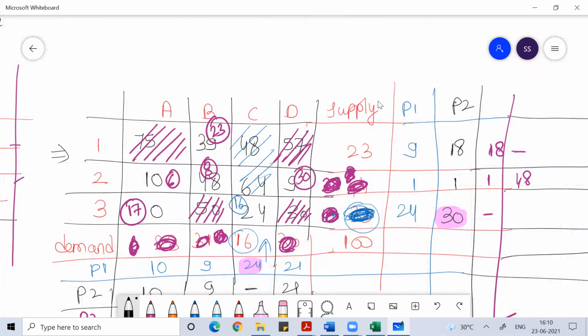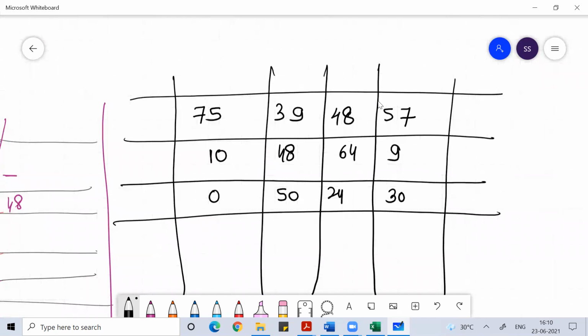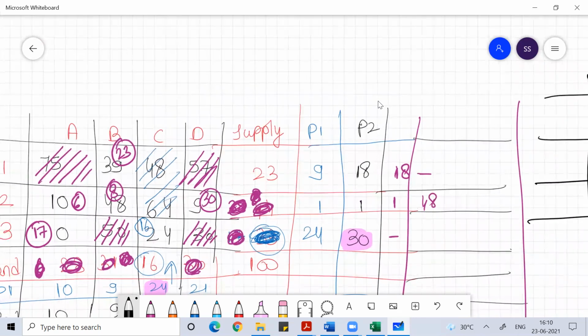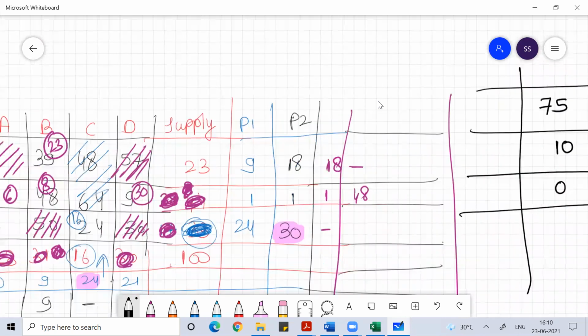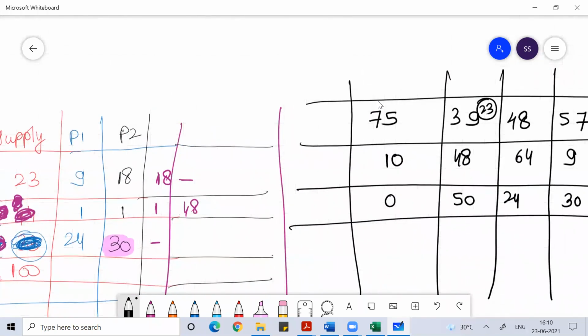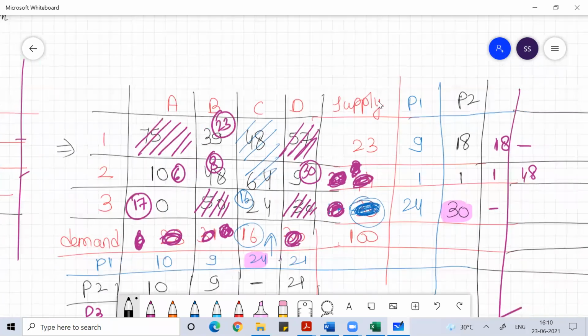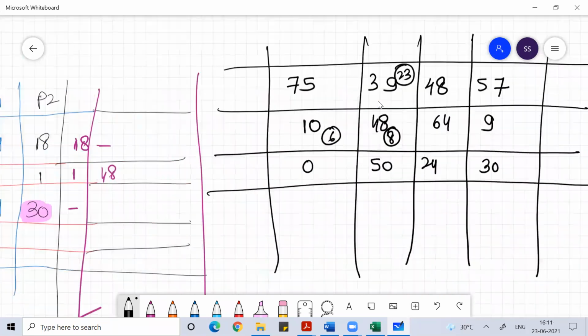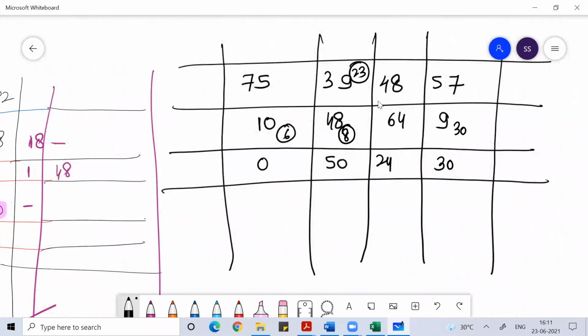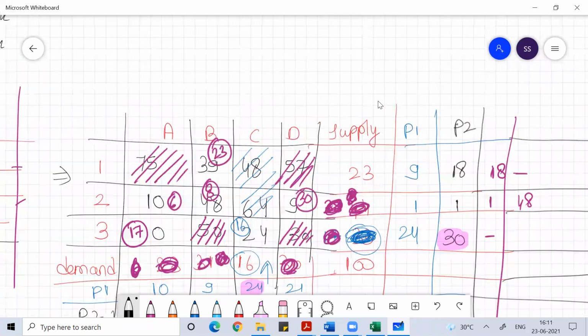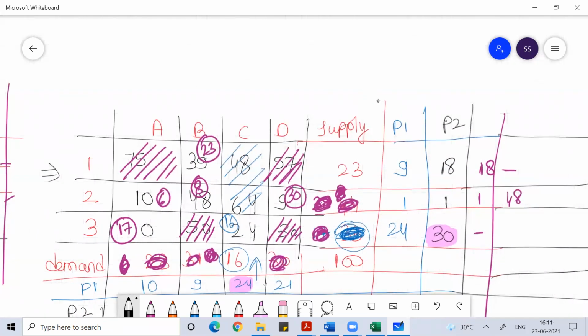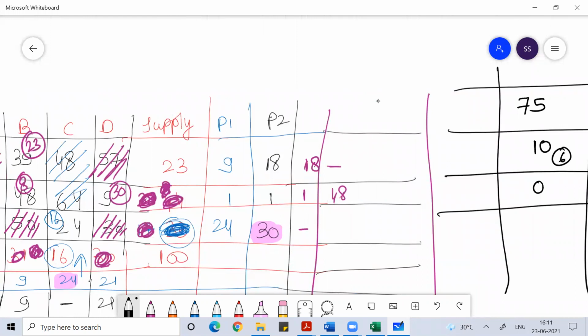So 39, 23 is allocation. Then second row, 10, 6 is allocation, and 8. Then 30 is the allocation. Then 0, 17.